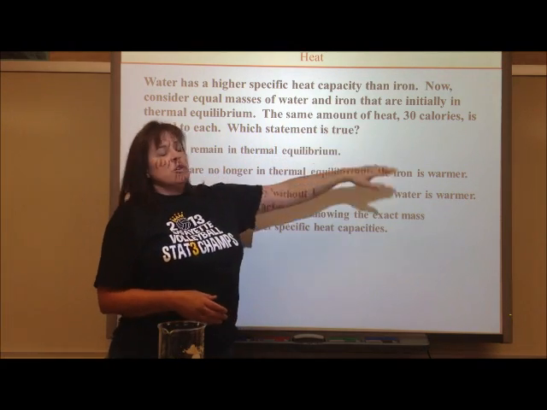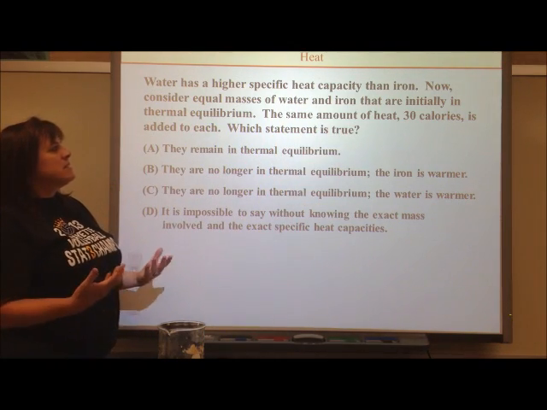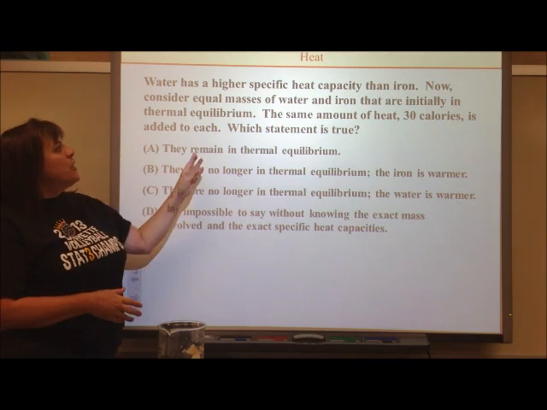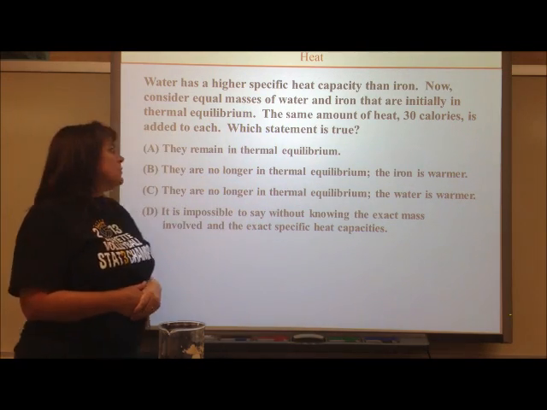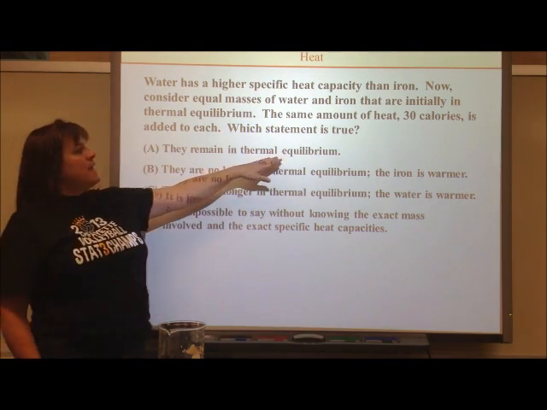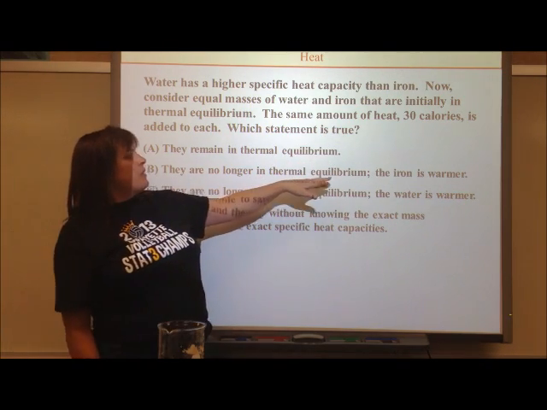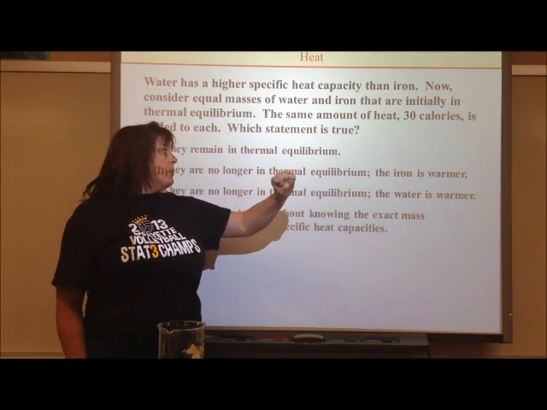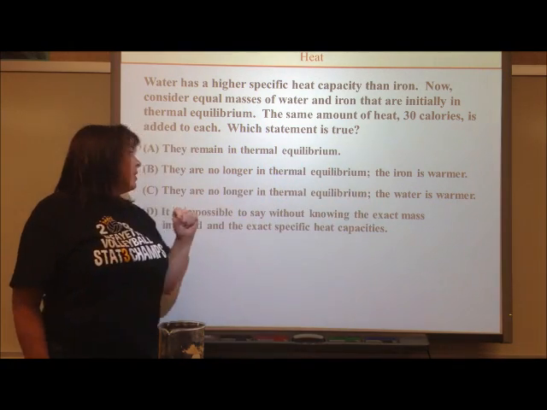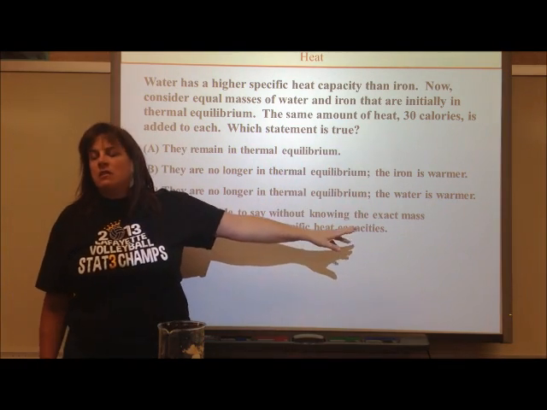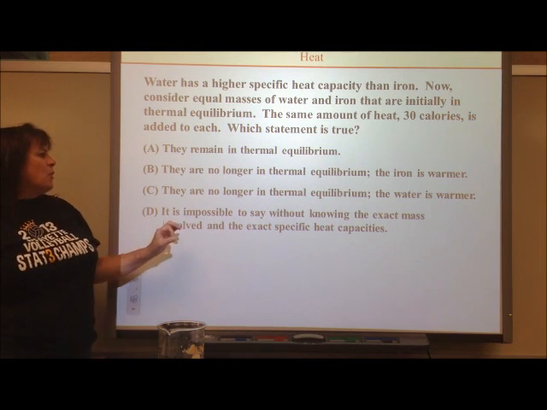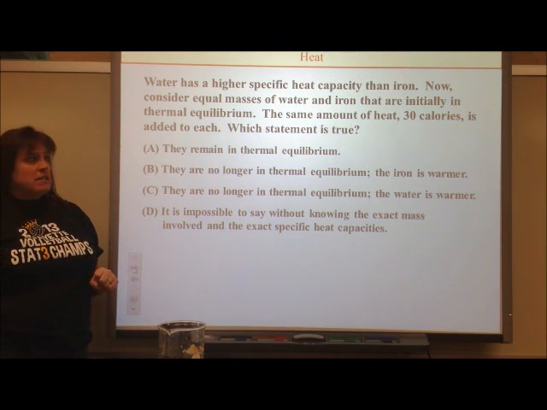If we use the same amount of heat, let's use 30 calories, which of the following statements is going to be true? Will they remain in thermal equilibrium? Will they no longer be in thermal equilibrium, but the iron will be warmer? Will the water be warmer? Or do you not know without knowing the mass or the exact specific heat capacity?